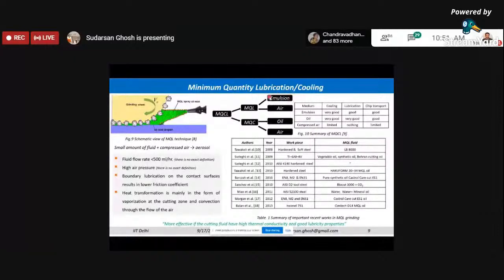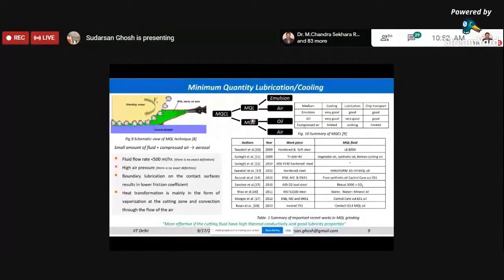We mix water with soluble oil and form an emulsion, which is a colloidal mixture of the cutting fluid and the water. This emulsion has both lubrication and cooling capacity.